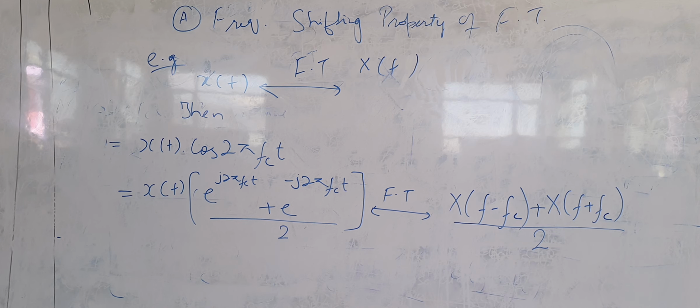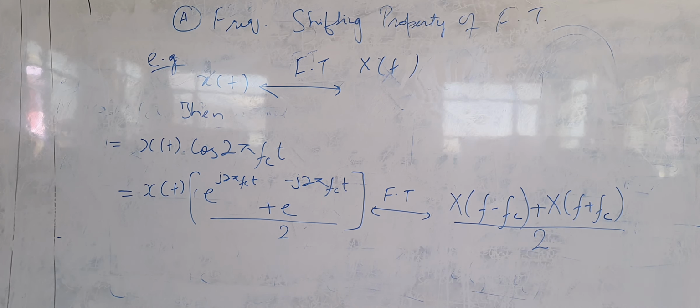Yes, it is exactly the same as this, but the difference is that here we had 1 multiplied by 1. The value of x of t equal to 1, and the transform of 1 is delta. How do you know that? The transform of 1 is delta, shifted.